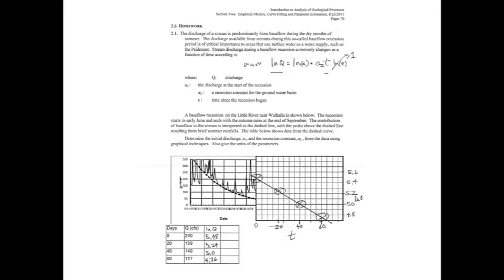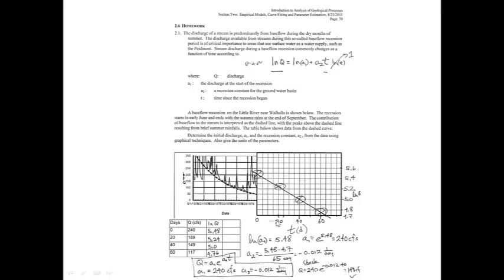Okay, so now the next step is to do the analysis. We need the slope, and the slope is going to give us this term here, and we need the intercept. So I got the terms off of the plot and then did the calculations, and these are the calculations that I did, and we'll go through them.